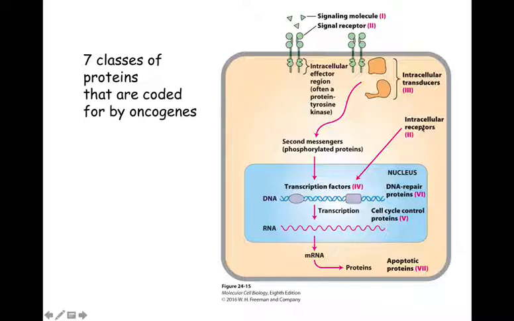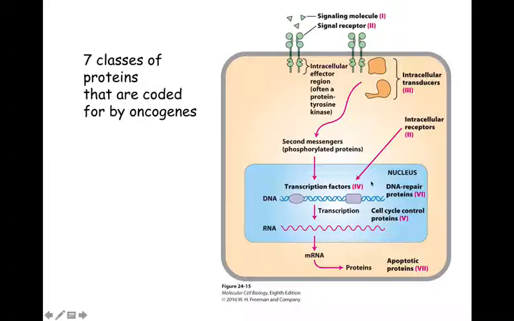You can have oncogenes code for intracellular receptors. We haven't talked a whole lot about intracellular receptors, but there are some intracellular receptors in pathways for hormones that are lipid soluble, like testosterone, for example. It binds to an intracellular receptor.